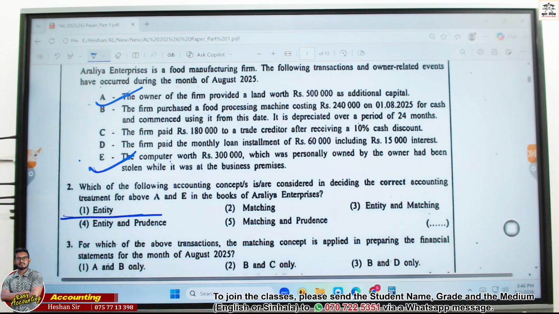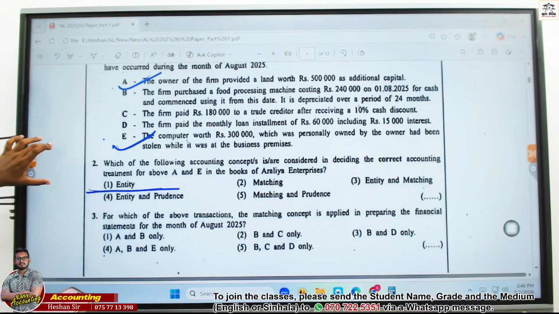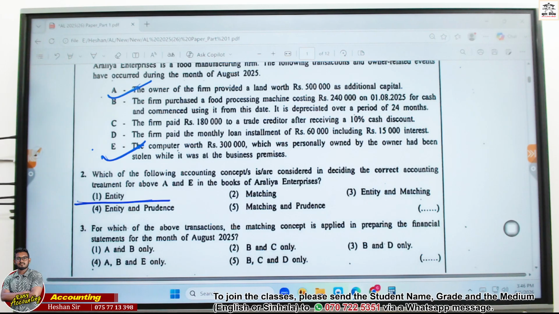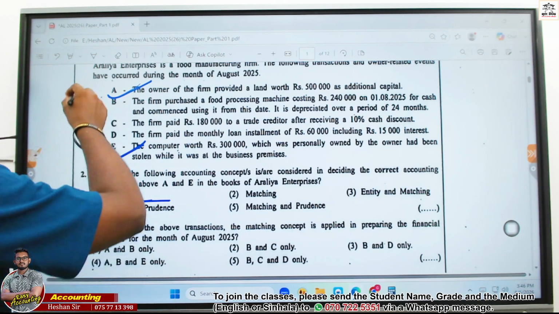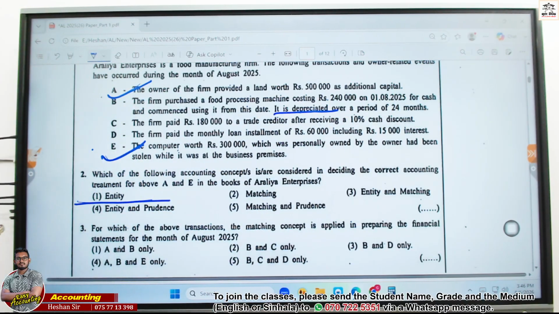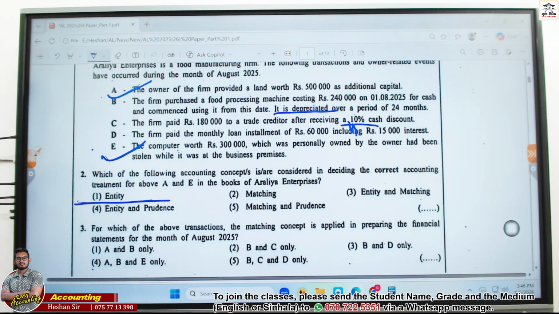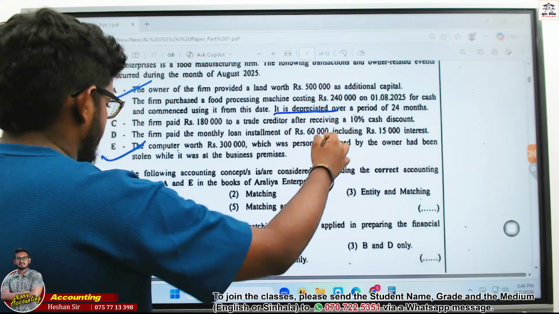For which of the above transactions is the matching concept applied in preparing the financial statements for the month of August 2025? Matching concept: income is matched against expense.